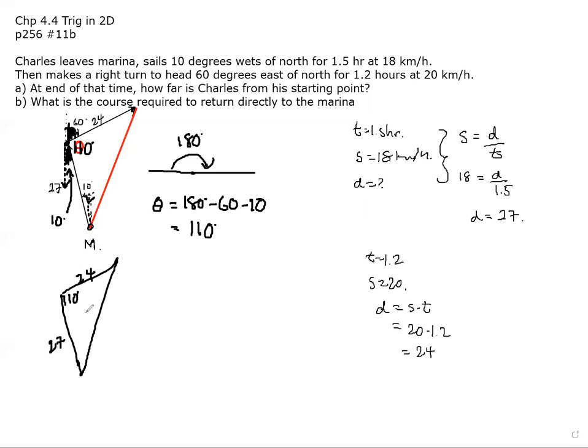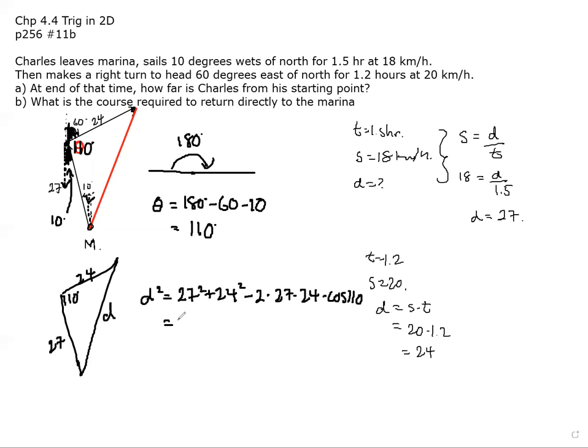So drawing a triangle with all the extra information out, I have side angle side, and I'm looking for this distance. I can use cosine law. D squared is equal to 27 squared plus 24 squared minus 2 times 27 times 24 times cosine 110. Bear with me as I plug everything into the calculator.